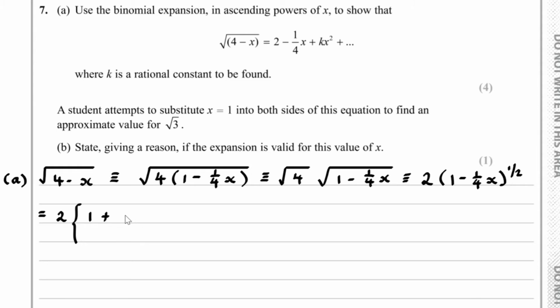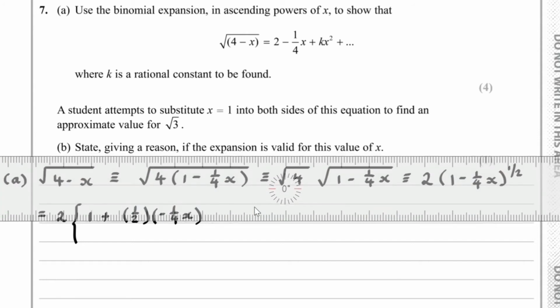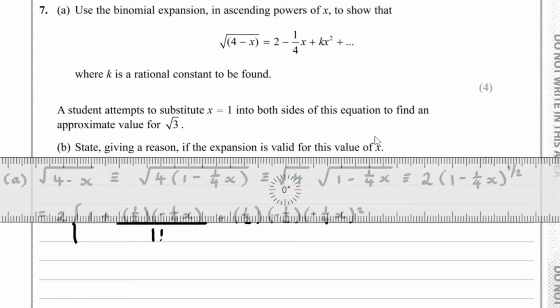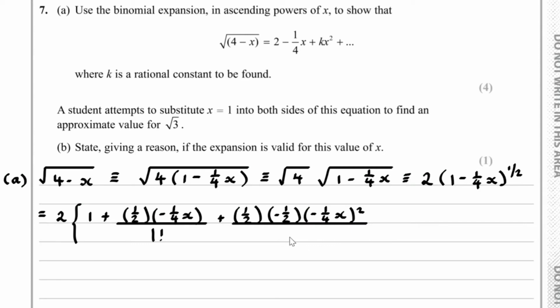Next term is nx, so that will be 1/2 multiplied by minus a quarter x, and then we divide this by 1 factorial, and then for the next term we've got 1/2 lots of minus 1/2 lots of minus 1 quarter x squared, and then we will divide this by 2 factorial, and then we've got higher order terms.